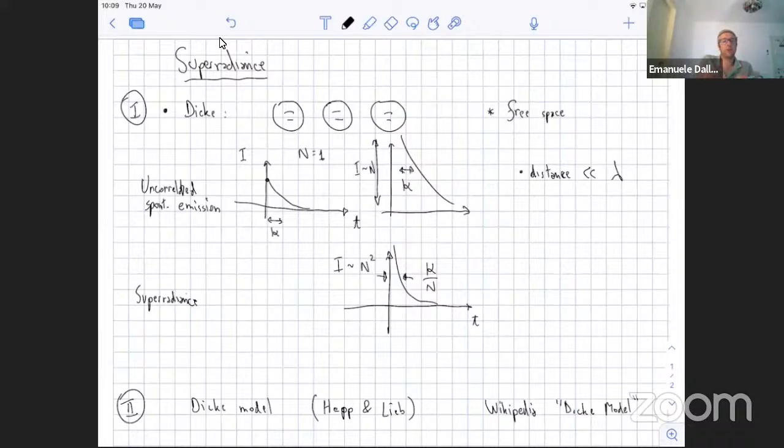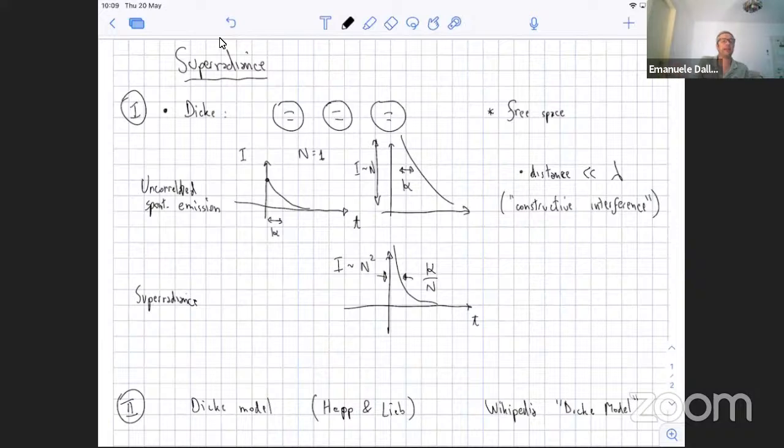So that the emission from all the atoms is in constructive interference. Okay, that's basically the condition. Now, in principle, if you spaced all the atoms by lambda, that would also be fine. If you can place all the atoms at exactly distance lambda from each other, then this can also lead to superradiance.